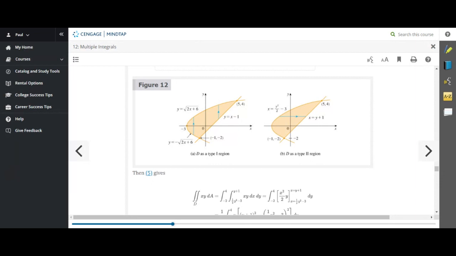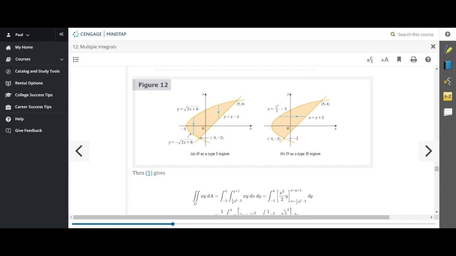But in this case, on the left figure in figure 12, the function that bounds the region below changes after you pass from x equals negative 3 to negative 1. It changes from the bottom part of the parabola, y equals negative square root of 2x plus 6, to the line y equals x minus 1.